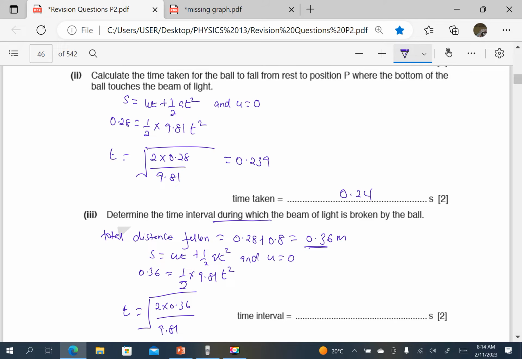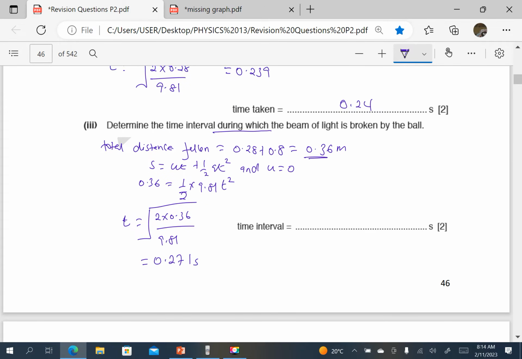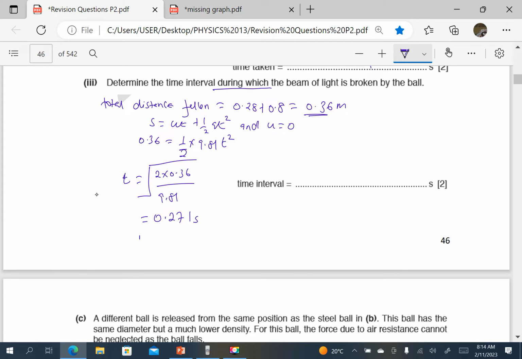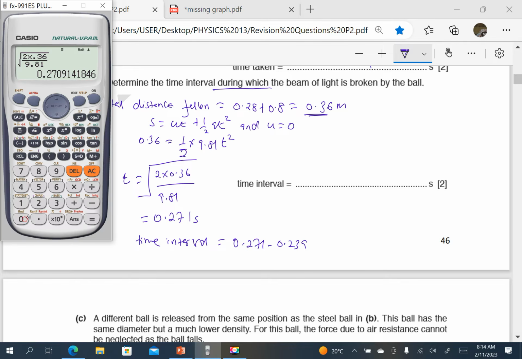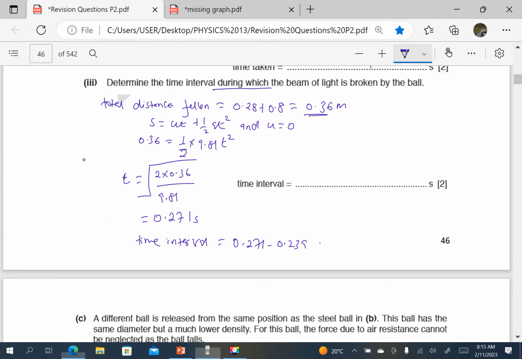We have seen the time for only 0.28. So we can now just subtract to get the time interval. The time interval is going to be 0.271 minus 0.239, which is 0.032.